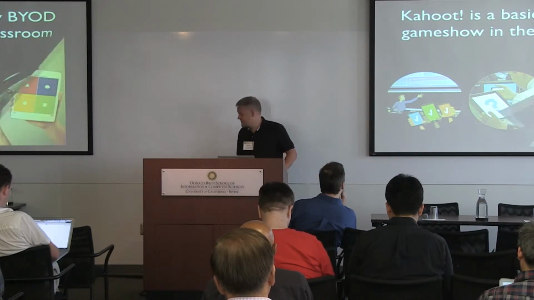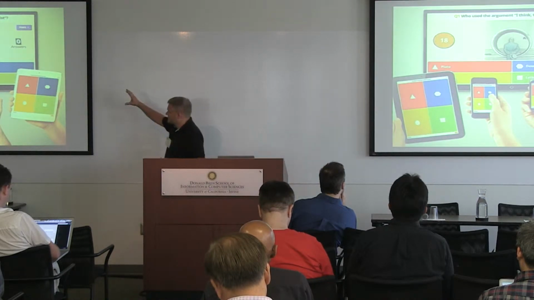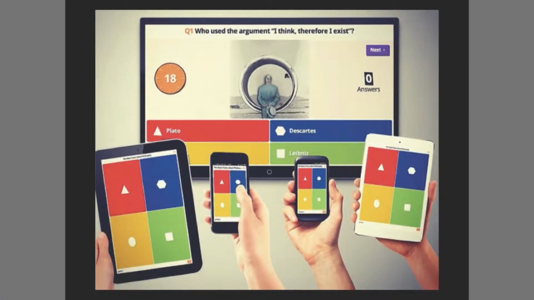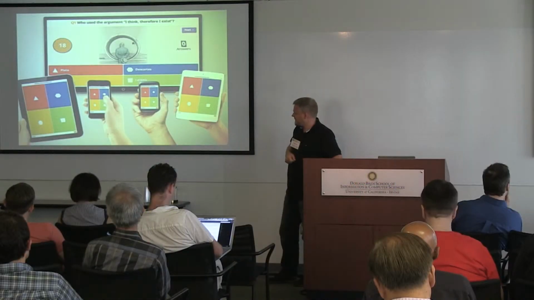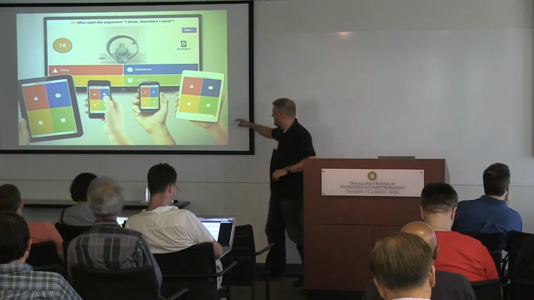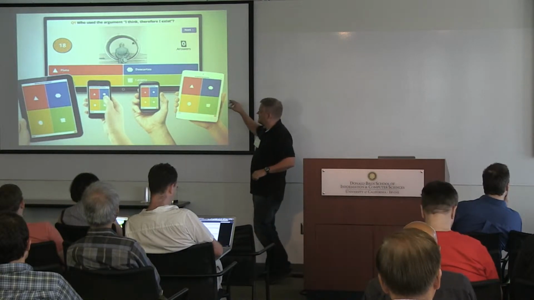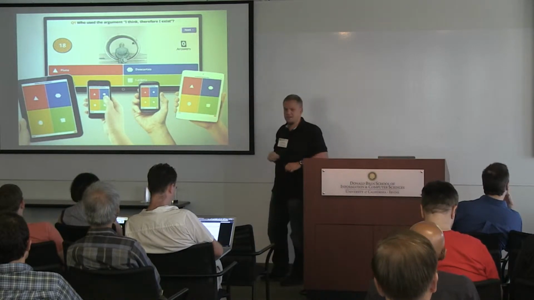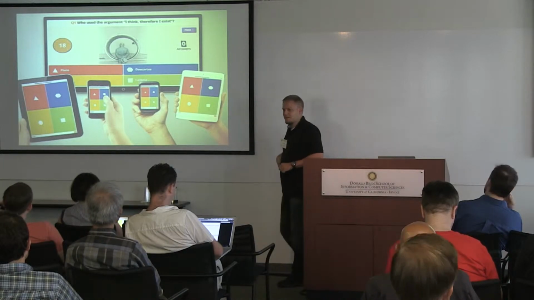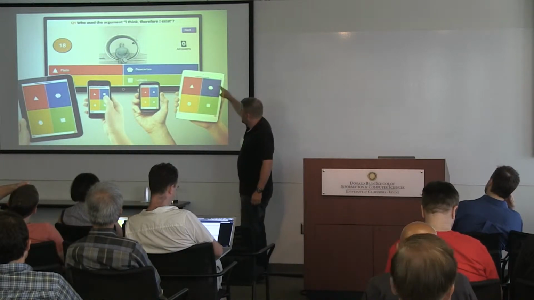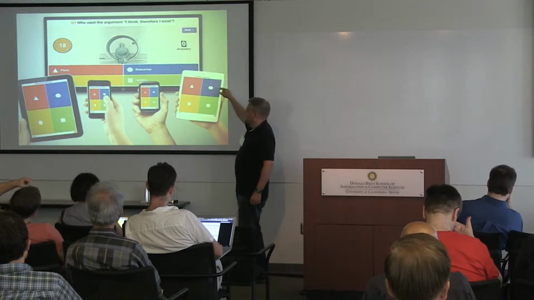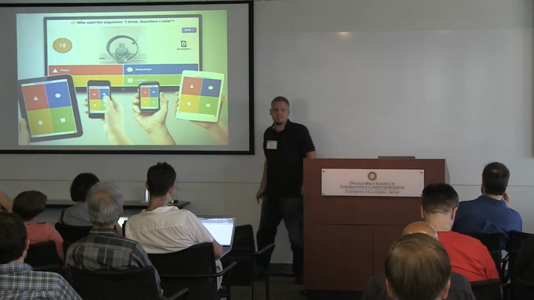It looks like this. So you have the large screen with questions, maybe with animations and pictures, and you have different answers you can give. And the students' devices, they can just choose between different colors and symbols that resemble the right answer. And we'll get some feedback asking why don't you have the questions and the answers on the devices?